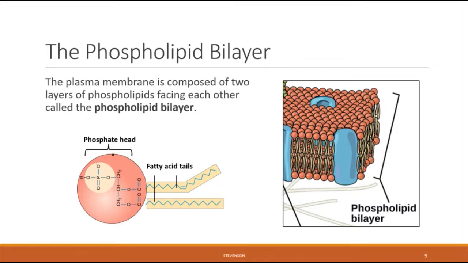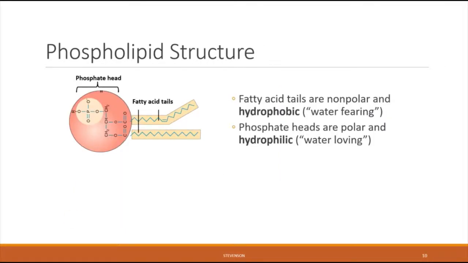The phospholipid has a unique structure because one end of the molecule, that is the fatty acid tails, are nonpolar and therefore they are hydrophobic. They cannot dissolve in water and want to separate from it. The other end of the molecule, which is the phosphate head, is polar and hydrophilic, meaning that it does like to dissolve in water.